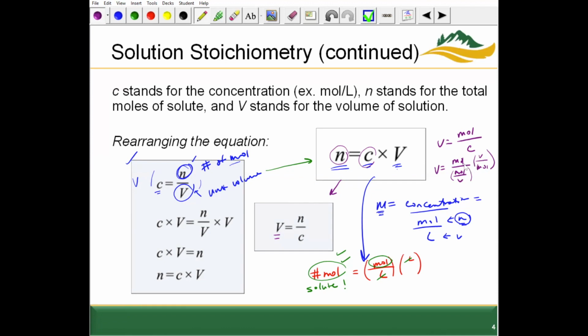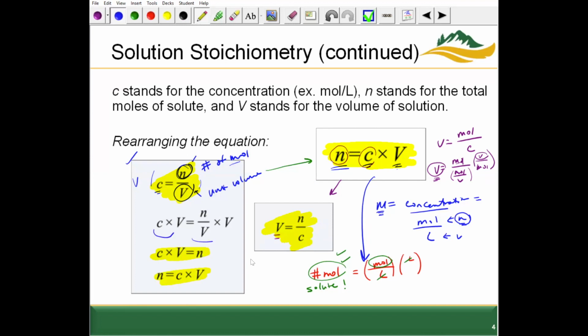Then we cancel out moles and moles to leave just a volume term that can be in liters or milliliters, for example. So we can have all these different versions of the equation, and that's all for just one solution.